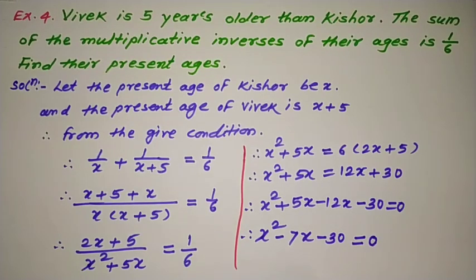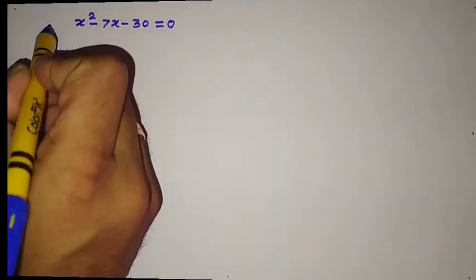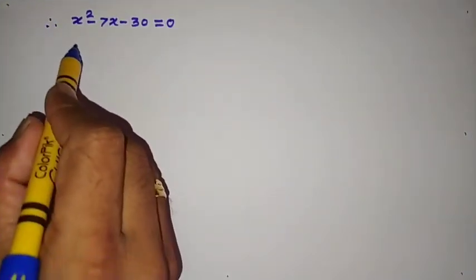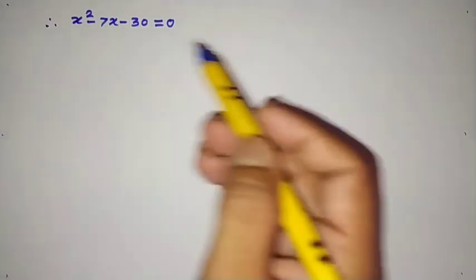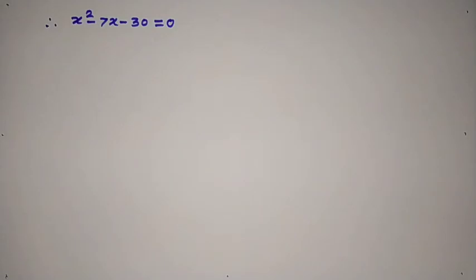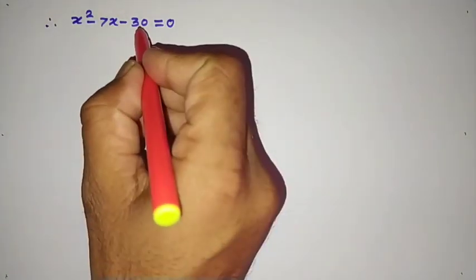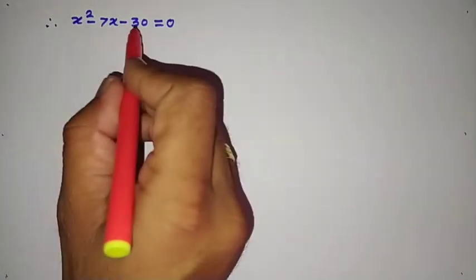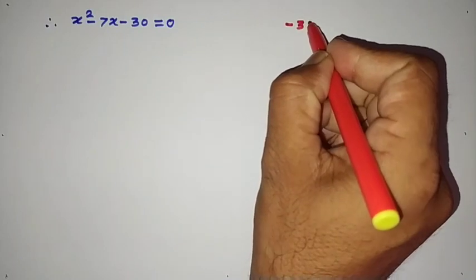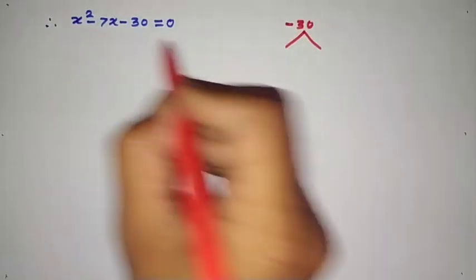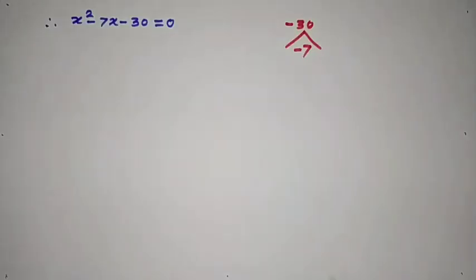Solve this quadratic equation using the factorization method. The multiplication of the coefficient of x square, 1, and the constant term, minus 30, is minus 30, and the sum is the middle term, minus 7.